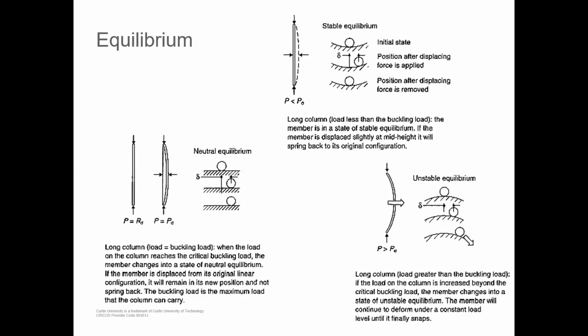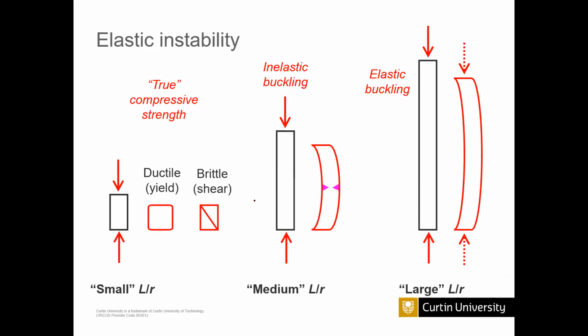Later on we will label these names and other things. And this is the buckling load lower than the critical buckling load. This is the buckling load higher than the critical buckling load. So these three conditions can happen even in the same column with different load values.